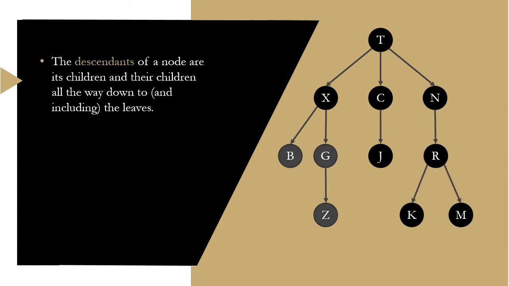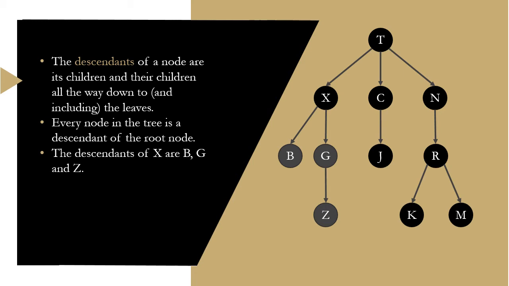The descendants of a node are its children and their children all the way down to and including the leaves. Every node in the tree is a descendant of the root node.